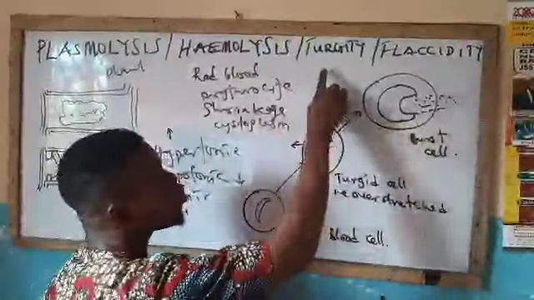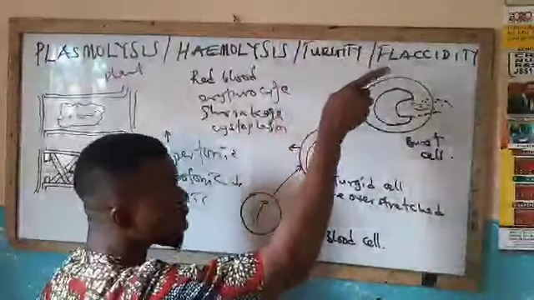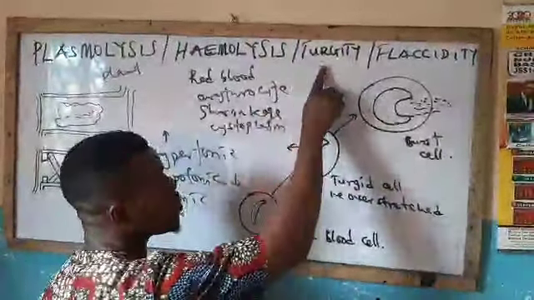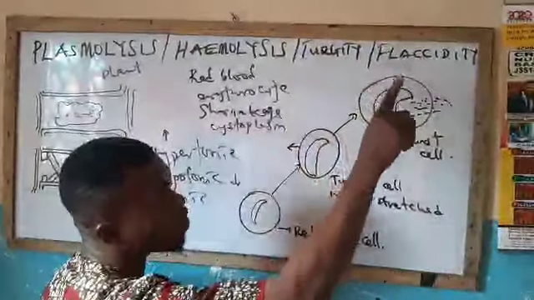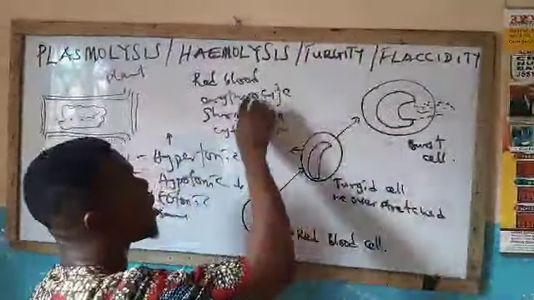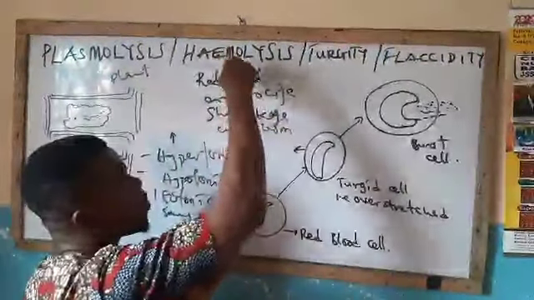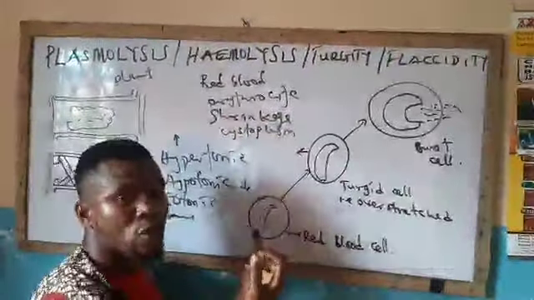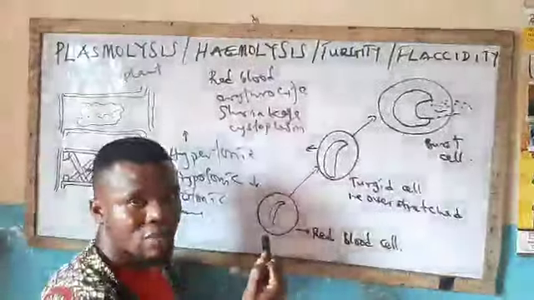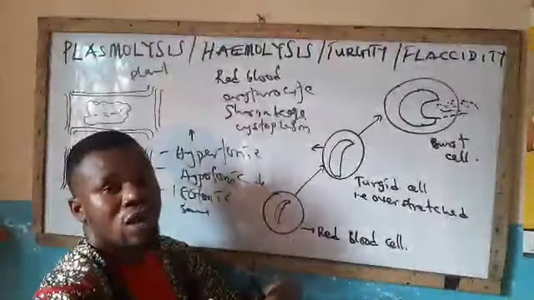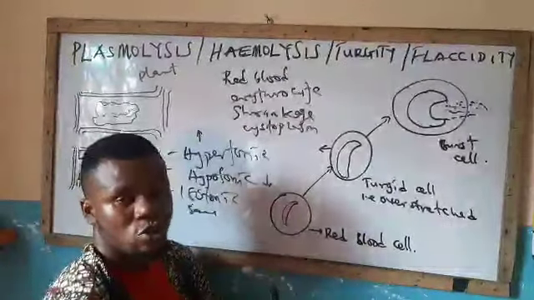But mind you, turgidity is found in both plant and animal, though majorly in plants. In animals, as we are looking at as a case study here, the red blood cell will first become turgid, that is, absorb a lot of water and swell.